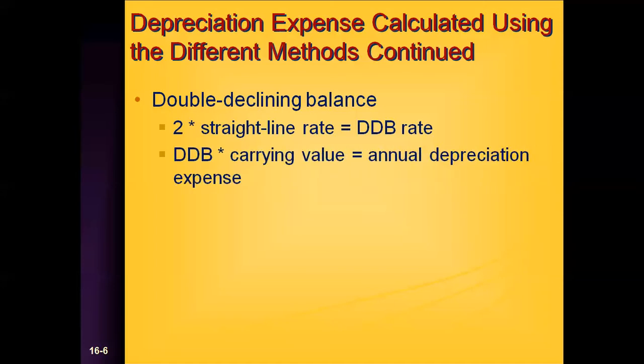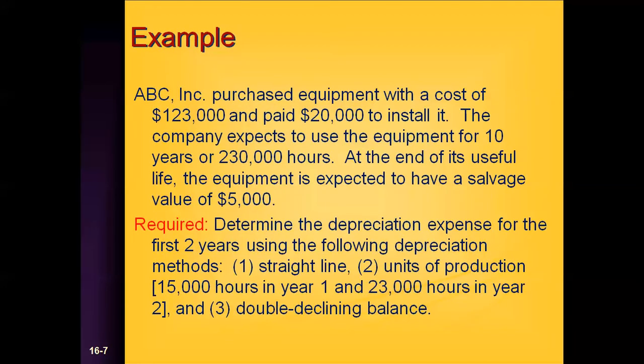Then you take the double declining balance rate times the carrying value, and that gives you your actual depreciation expense. So here again, this particular method is used if a particular asset would depreciate at a faster rate in the initial years of usage, as opposed to a straight line approach.